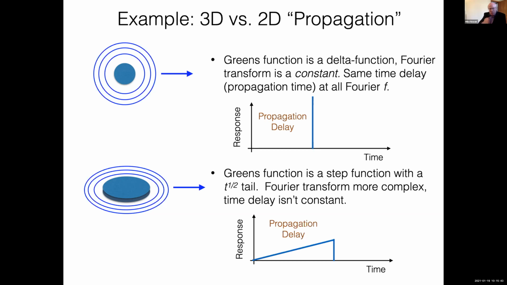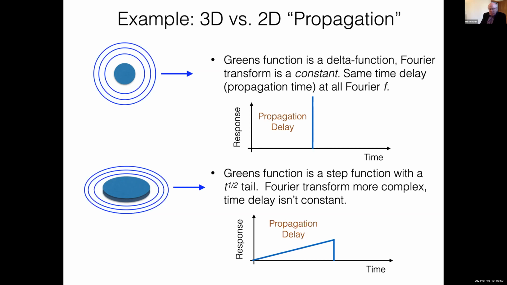So point A at some time t later translates to point B. When you do the Fourier transform of a delta function, it's just a constant. It's that same time delay everywhere.